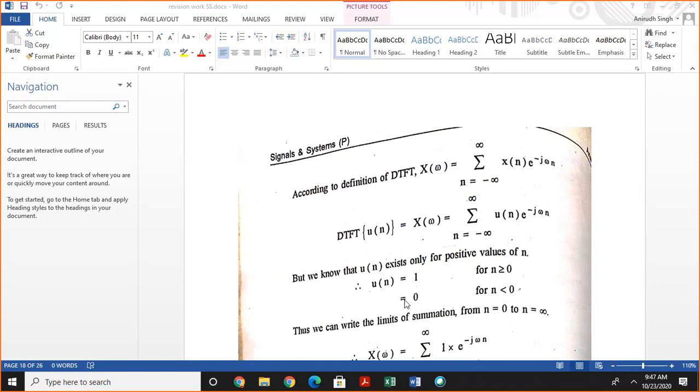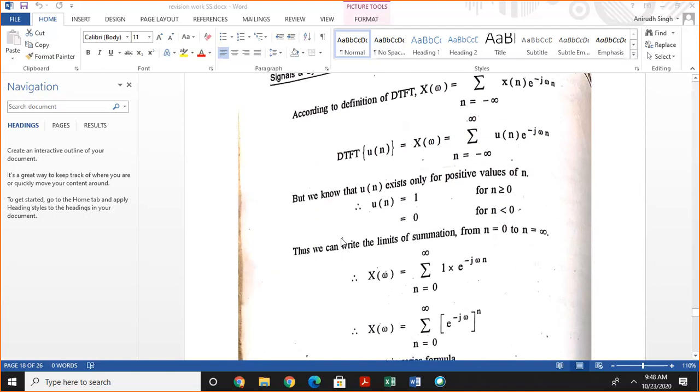So we get 1 multiplied by exponential minus j omega n. When we substitute n equal to 0, we get 1. So the discrete time Fourier transform of the impulse function is 1.